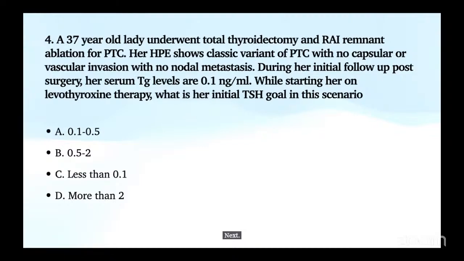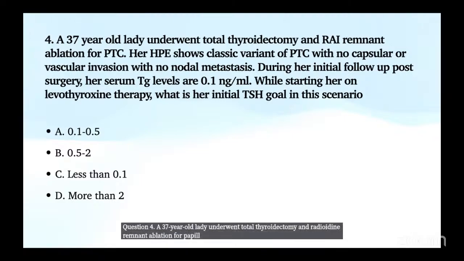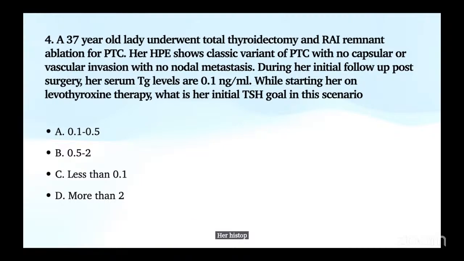Question 4. A 37-year-old lady underwent total thyroidectomy and radioiodine remnant ablation for papillary thyroid cancer. Her histopathology shows classic variant of papillary thyroid cancer with no capsular or vascular invasion with no nodal metastasis. During her initial follow-up post-surgery, her serum thyroglobulin levels are 0.1 nanograms per ml.